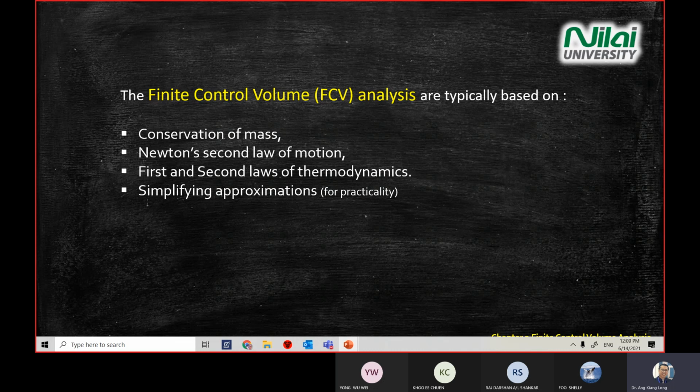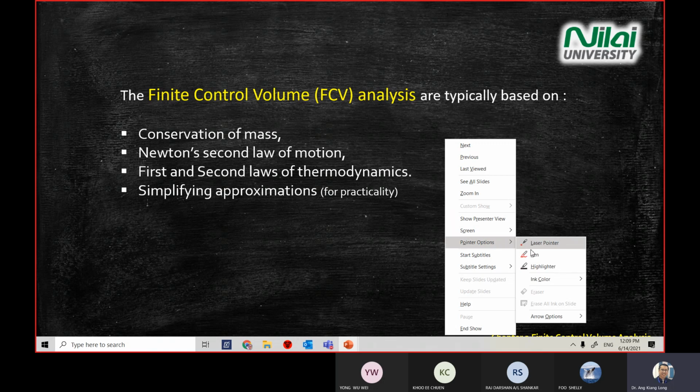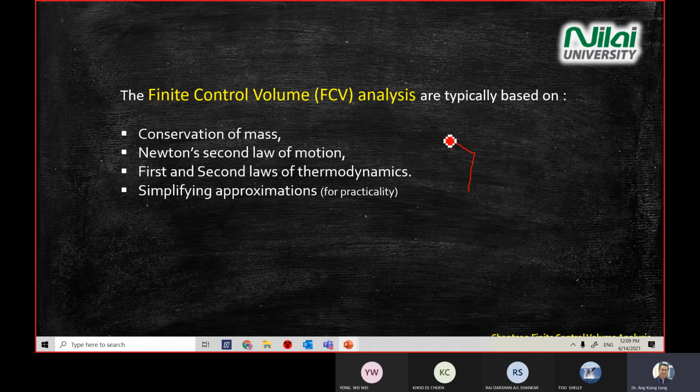There are four. First, conservation of mass, meaning there's no change of mass. When you study fluid mechanics and draw a volume, let's say a box, the flow is flowing through it. Let me try to draw something on the screen. Let's say you have a volume, and we look at a 3D condition.